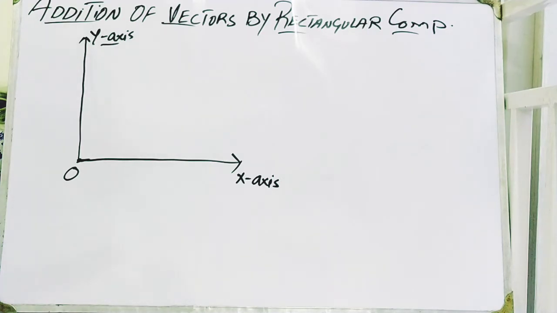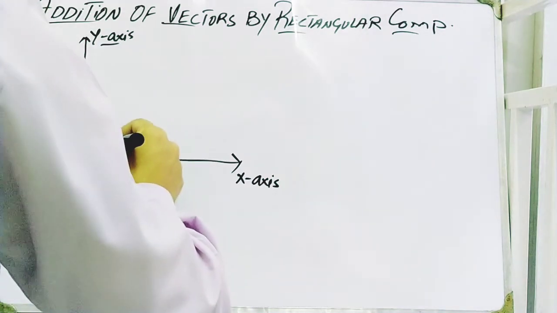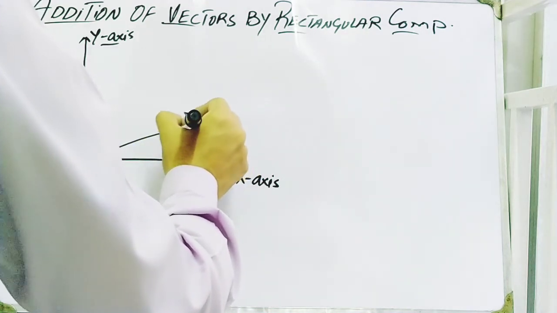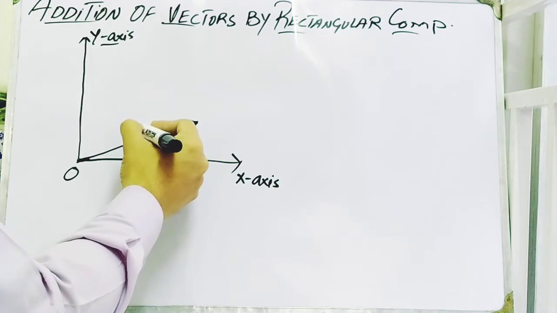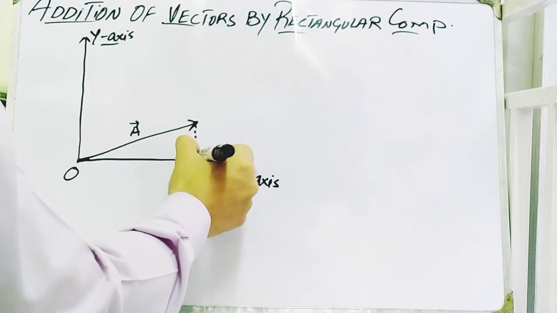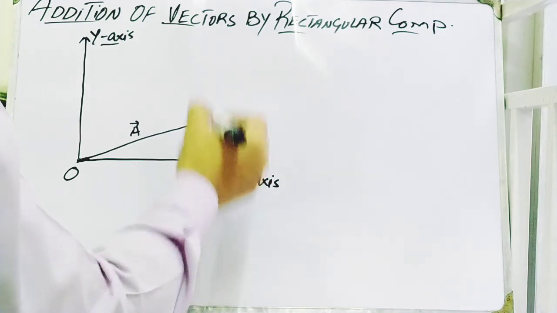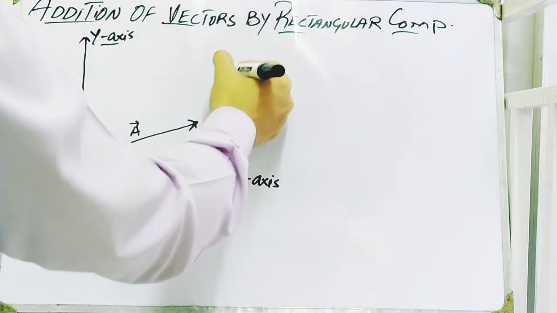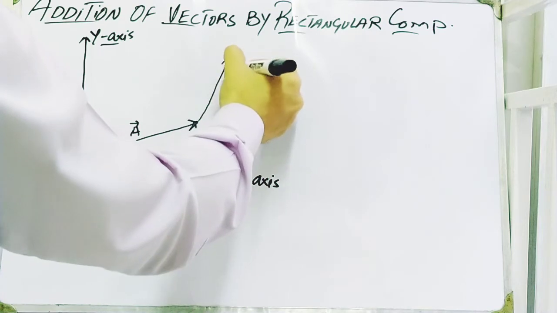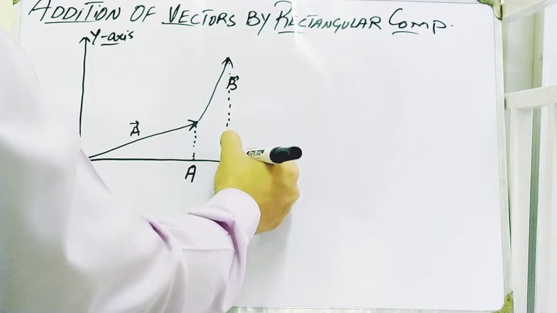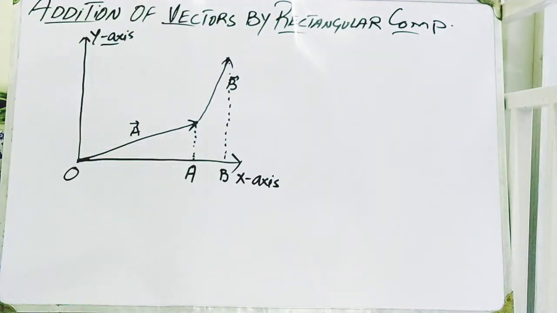Let's suppose a vector A is acting in this direction, having tail at point A, and another vector B is added by using head to tail rule, having tail at point B. Is it okay?